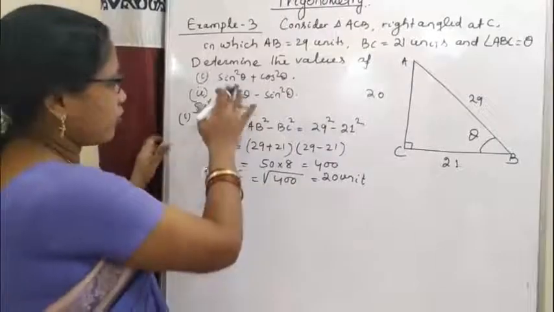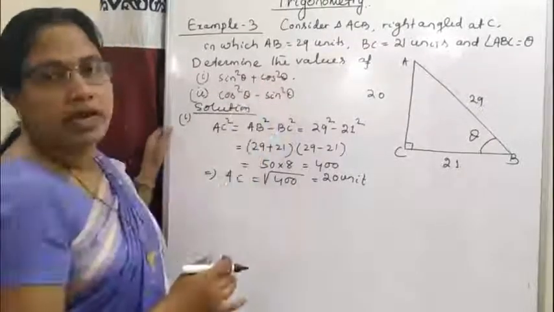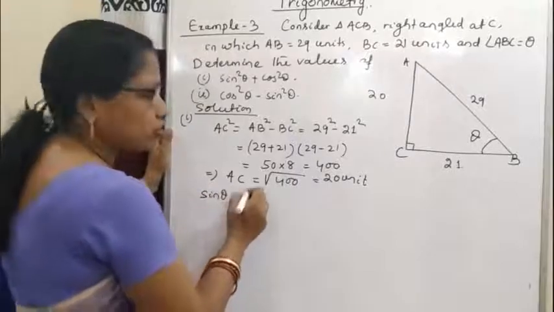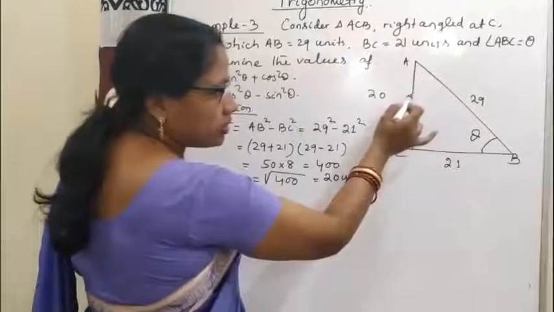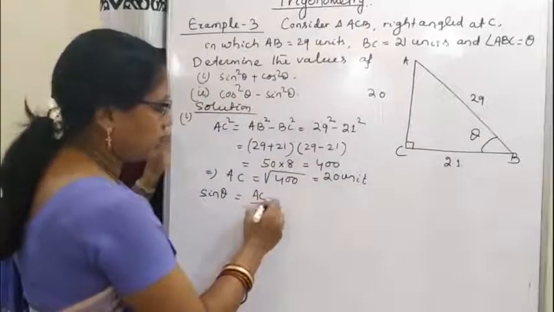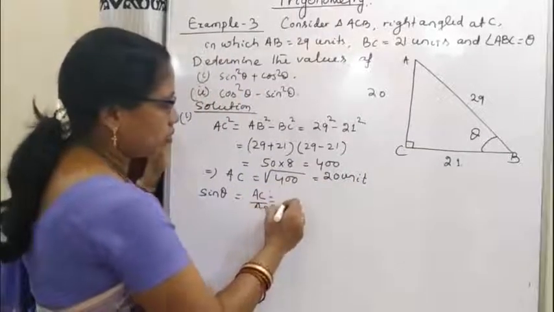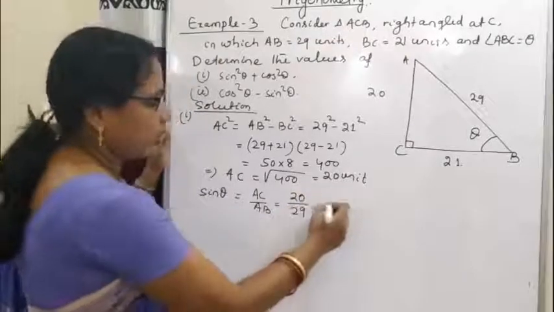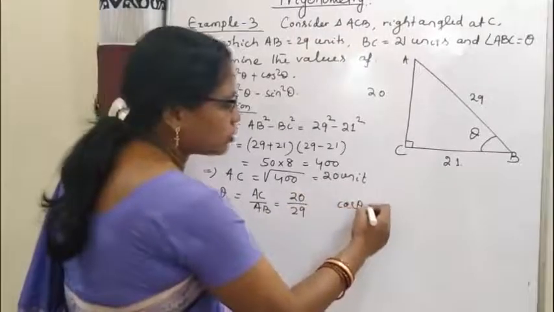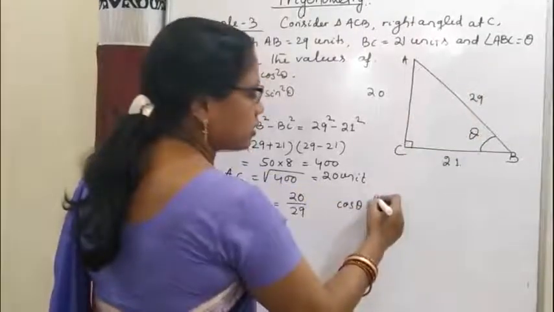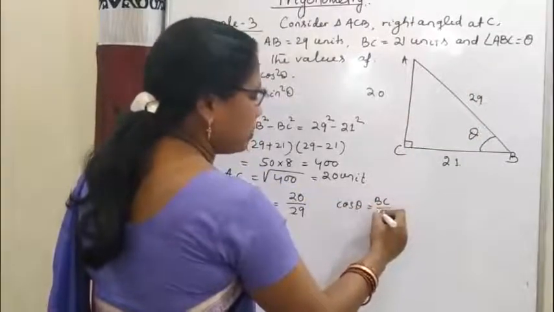Now we can solve to find sin theta and cos theta. So what is sin theta? So sin theta is opposite side by hypotenuse. So that is AC by AB. So this implies 20 by 29. And what is cos theta? So cos theta is equal to adjacent side by hypotenuse. That is BC by AB.